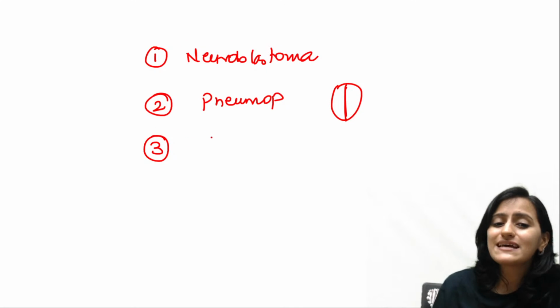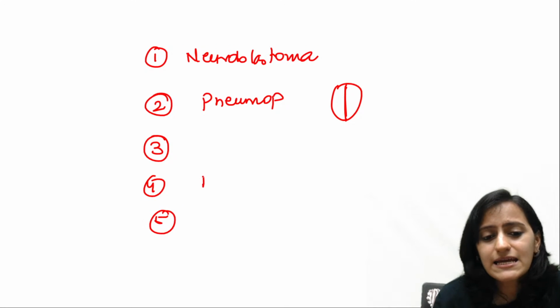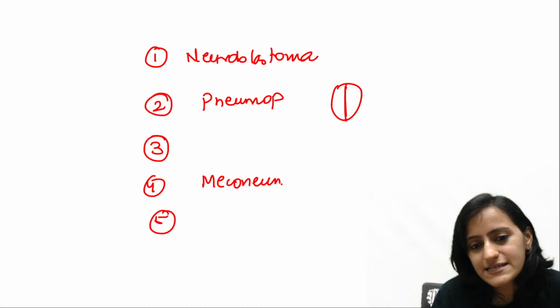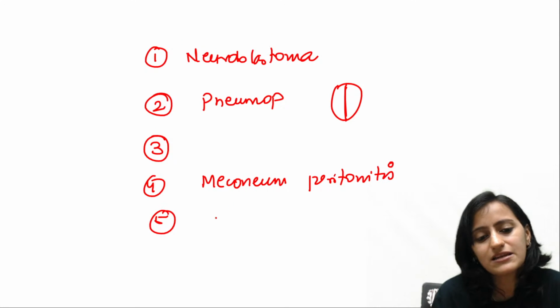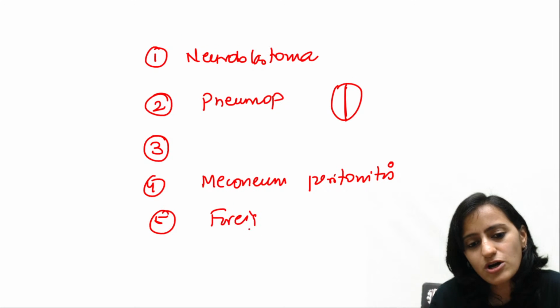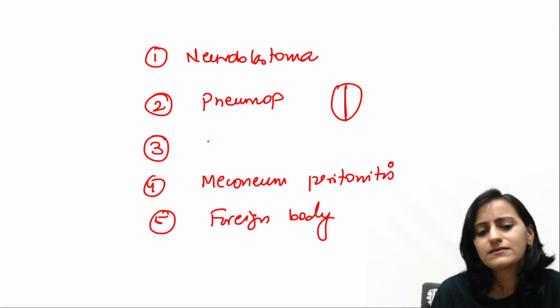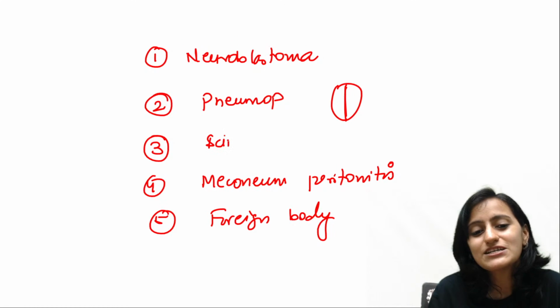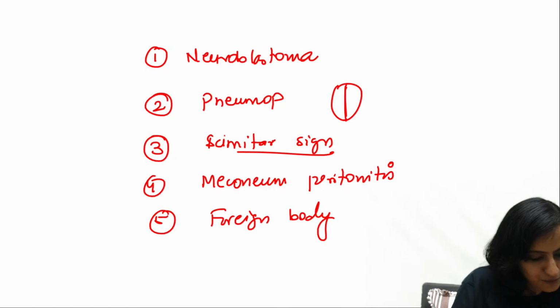Then we saw Meconium Peritonitis, where you see the calcification, meconium going out, distended bowel loops. One we saw the foreign body, expiratory view, and one in between was the Scimitar sign or the Scimitar syndrome.